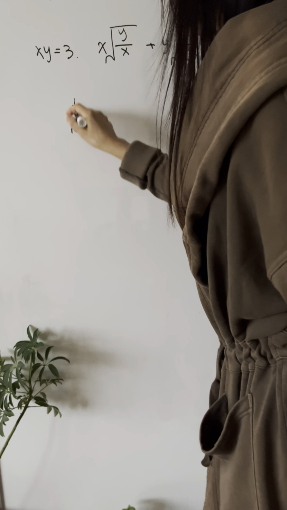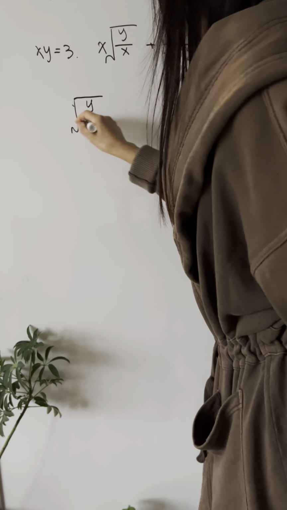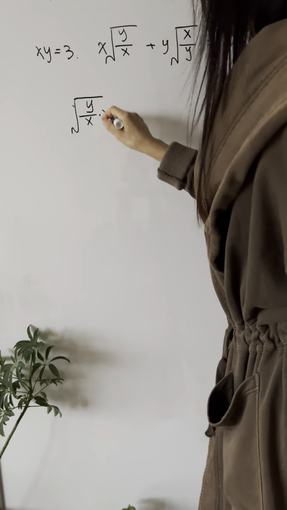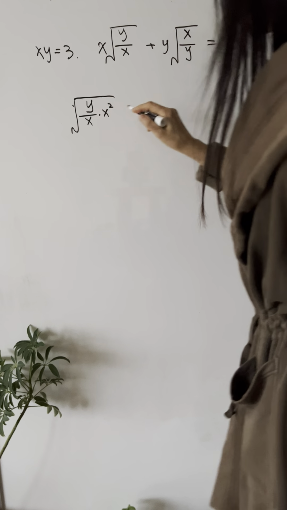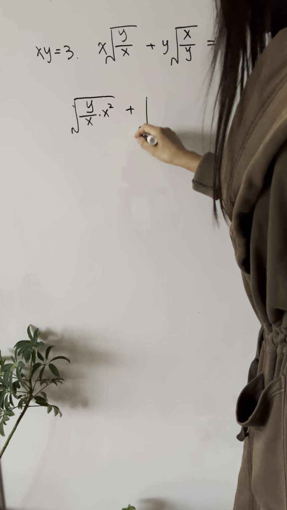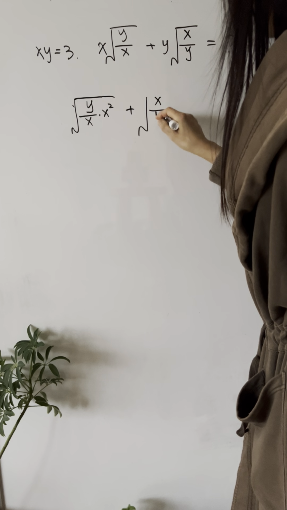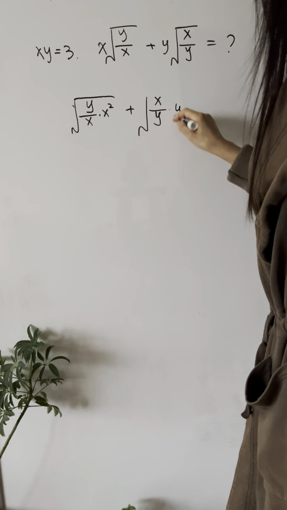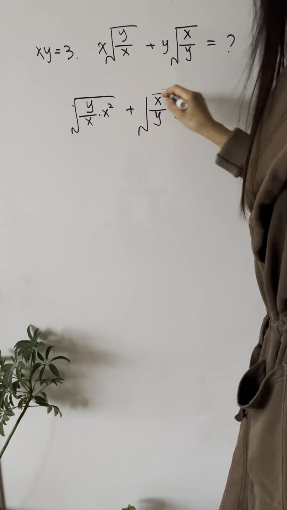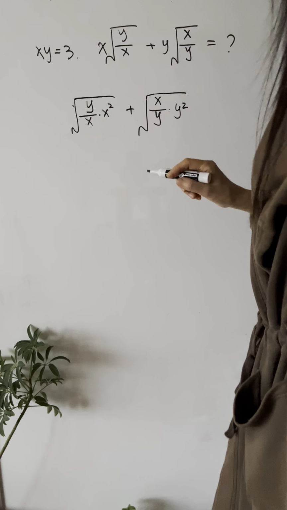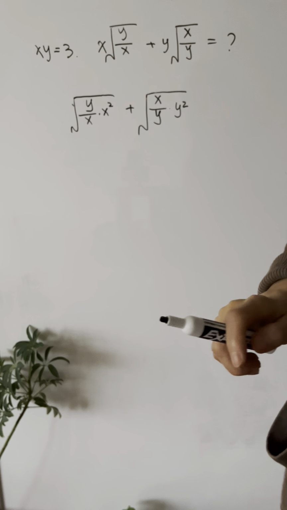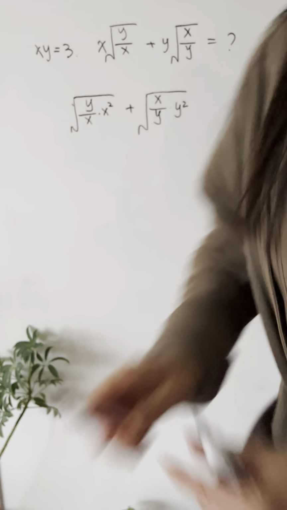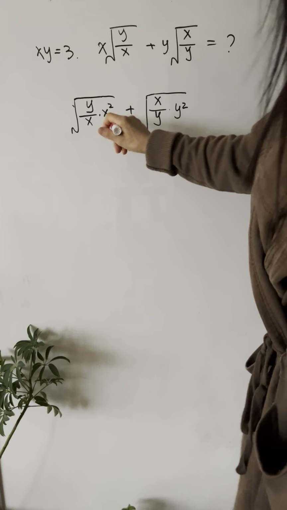So let's do that. We get the square root of y divided by x. Now push this x inside, so that becomes x squared. Plus the square root of x divided by y. Push this y inside the square root, it becomes y squared. Now we can simplify when the numerator and the denominator have common factors.